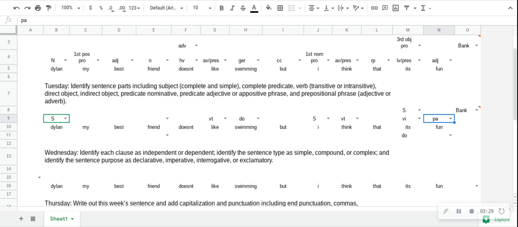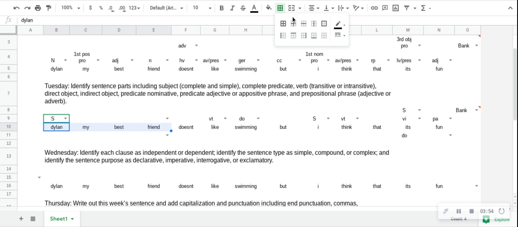So let's take a look at, since we have all of our subjects and verbs found now, we'll come back to the appositive phrase here in just one minute. Let's go back to Dylan, our first subject, to get our complete subject for our underlines. Is there anything that modifies Dylan or makes Dylan more specific? Dylan, my best friend. So that is one complete subject.